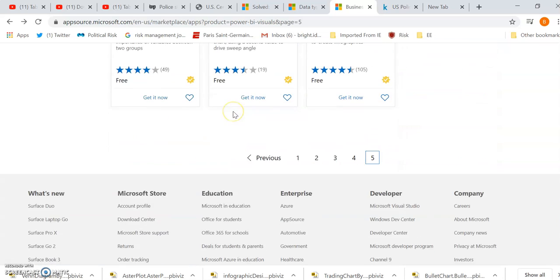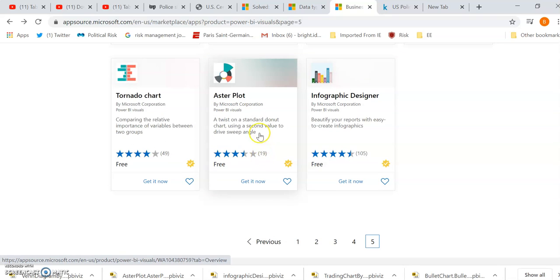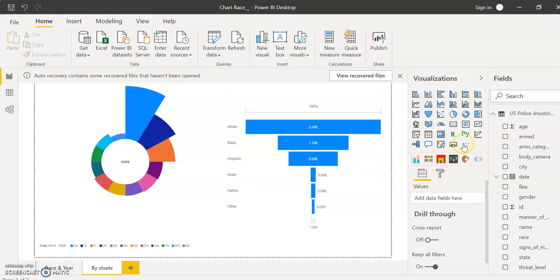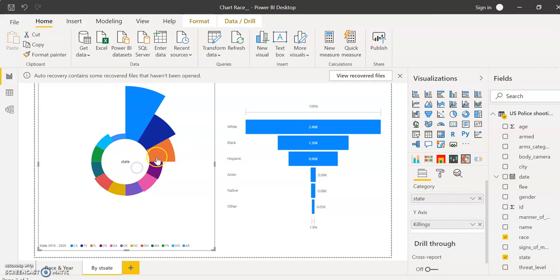But one that really caught my attention that I could use was the Asta plot. I downloaded it, saved it into my file, and then went back and used this icon to import it. Then you can see the Asta plot here. I already have it, so I didn't need to import it. Then it gave me this analysis.